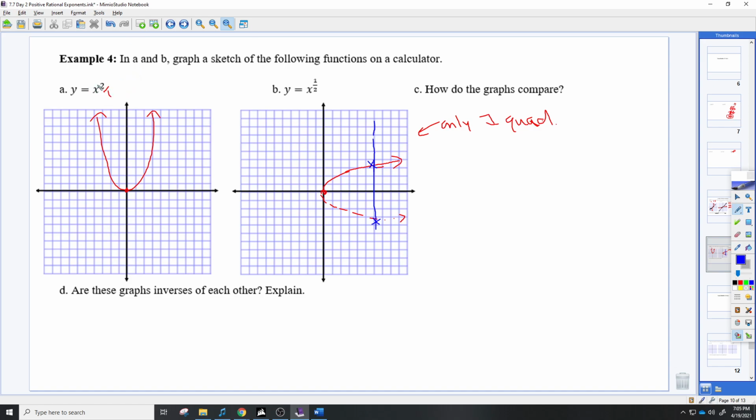When we solve squareds, we use the square root, and we end up getting two answers. So we would need not just x to the 1/2 positive, but also negative x to the 1/2, and that gives you the bottom part of this. But it's two separate graphs. So are these inverses? Well, they kind of are, but we would need the positive and the negative.